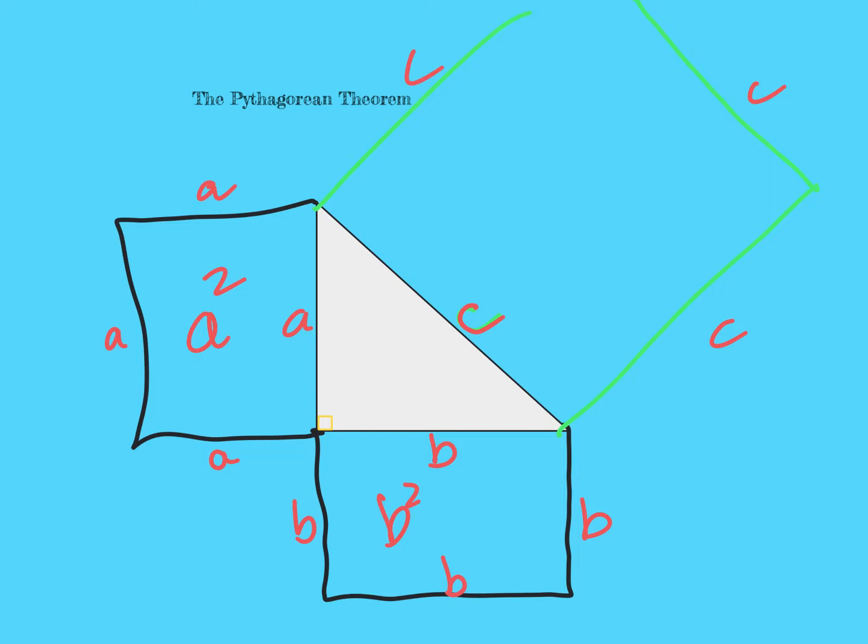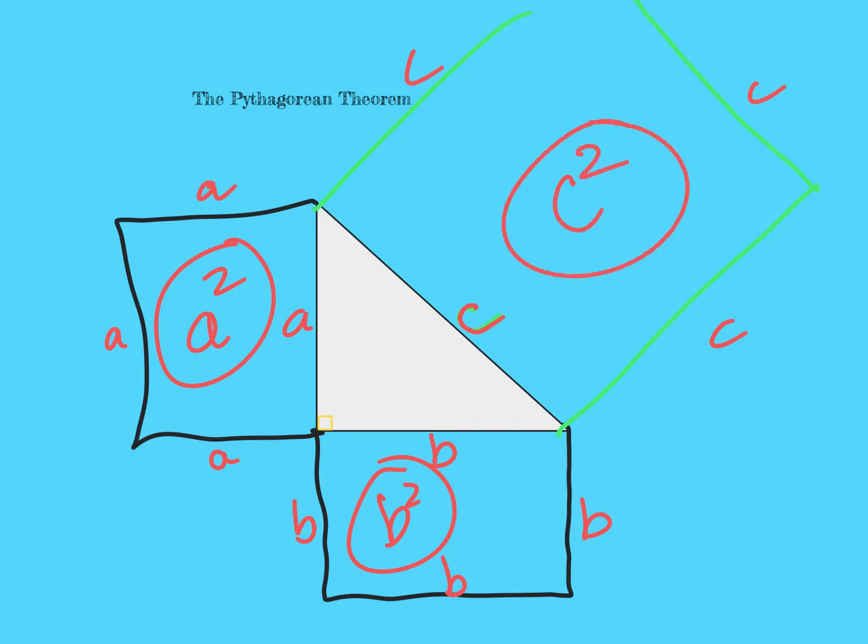You discover that you add the two areas of those smaller squares and you get the area of this one. It works every single time. Hence the theorem that we could use for so many things. You will see as we move on, it will become more and more popular. Actually, I'll add a quick slide at the end and we'll do a few examples.